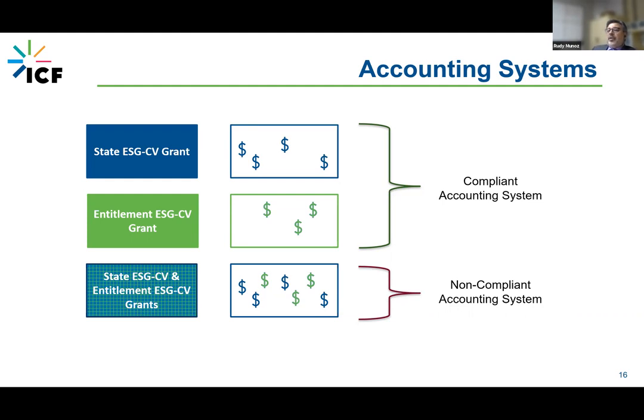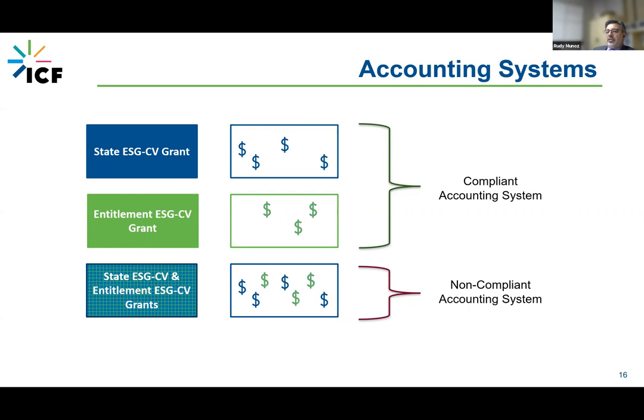The compliant example, which is the first two rows on this slide, shows the state ESGCV grant and the entitlement ESGCV grant separately identified. Basically, it's their own bucket, with accounts being maintained separately.